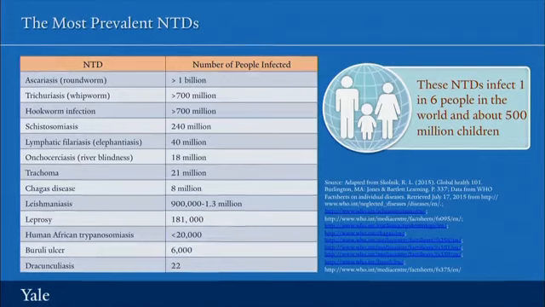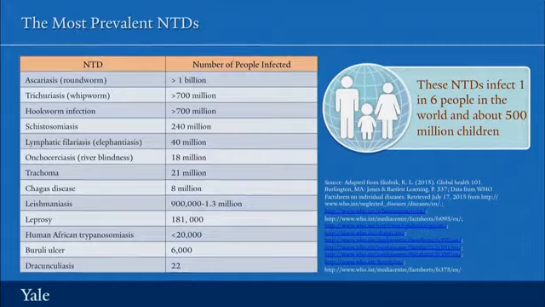And here we see that one of the NTDs, roundworm, infects about 1 billion people. We see some of the other soil-transmitted helminths infecting around 700 million people. And even when we talk about lymphatic filariasis or elephantiasis, we're still looking at a world in which somewhere around 40 million people are infected.